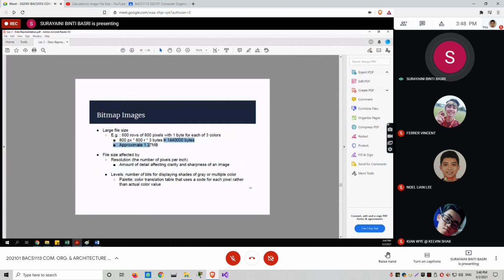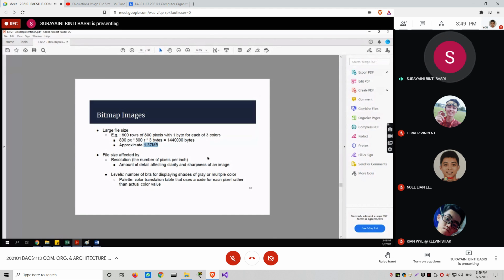How do we get 1.37 MB? This answer is already in bytes. If you divide this number by 1024, you will get the answer in kilobytes. But if you want the answer in megabytes, you need to divide 2 times by 1024.